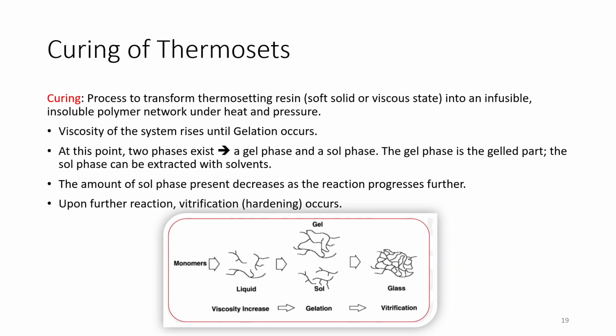At this point, two phases exist, a gel phase and a sol phase. The sol phase can be extracted with solvents. The amount of sol phase present decreases as the reaction progresses further. Upon further reaction, vitrification, also known as hardening, occurs.